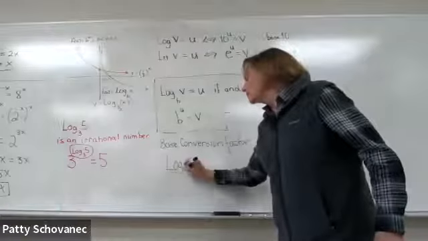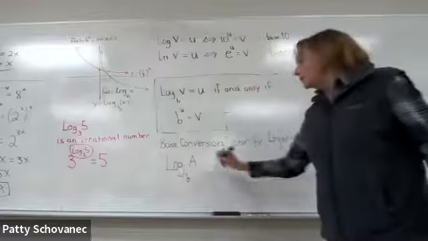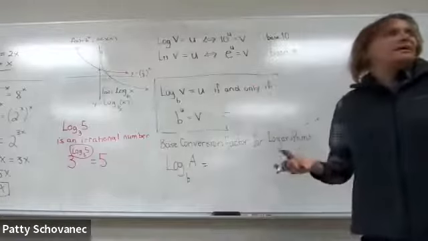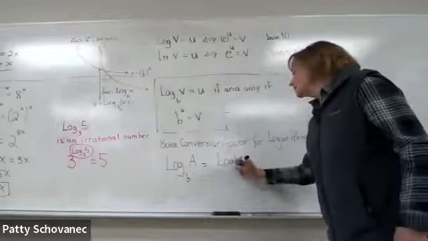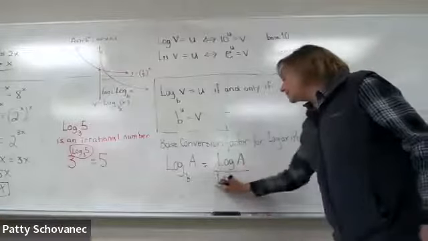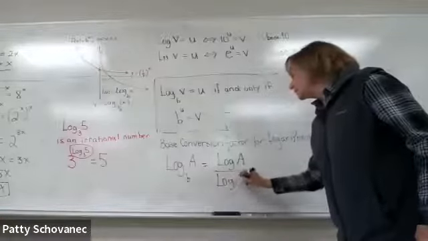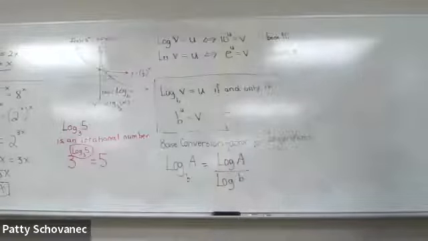Logarithm base b of any number can be written in terms of, say, a log base 10. It would be the log base 10 of that number divided by the log base 10 of b, whatever the base was. I prefer to use a natural logarithm. It's one less letter for me to write.